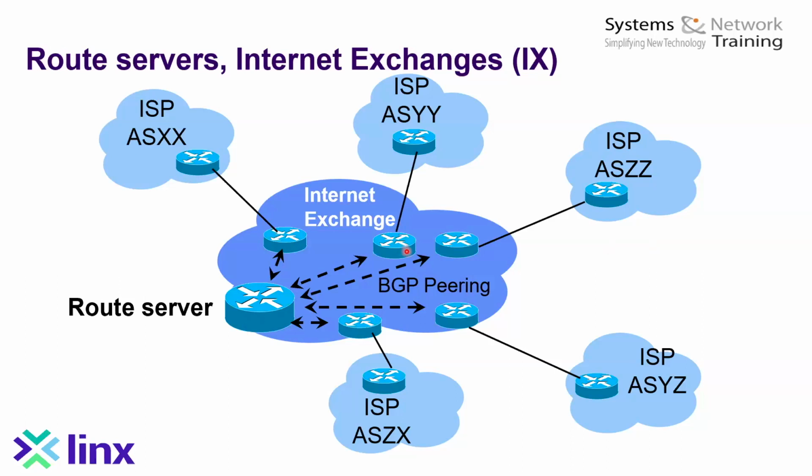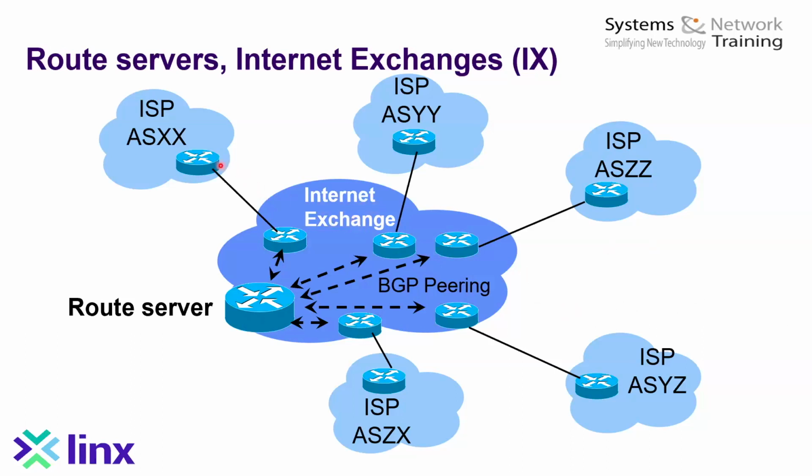Now, there is a bit of an issue with scale, not from the point of view of bandwidth, because these internet exchanges provide a huge amount of bandwidth for high speed, low latency interconnection. That's not an issue.